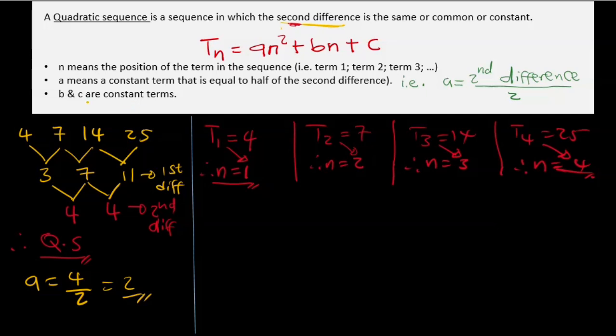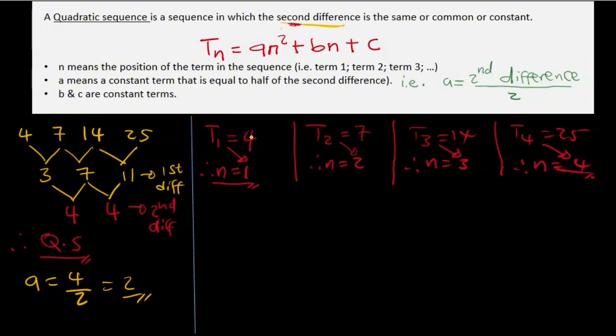So to get the values of B and C, we will use this. You can choose any two terms to get two equations and solve them simultaneously. Let me show you how to get the two equations.